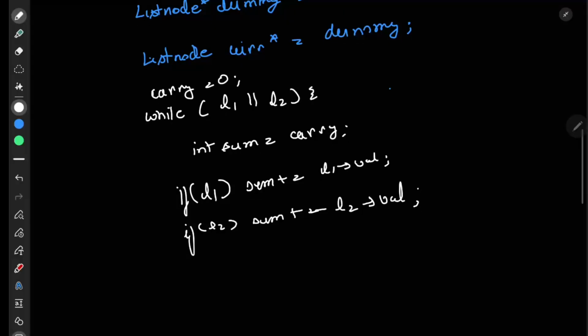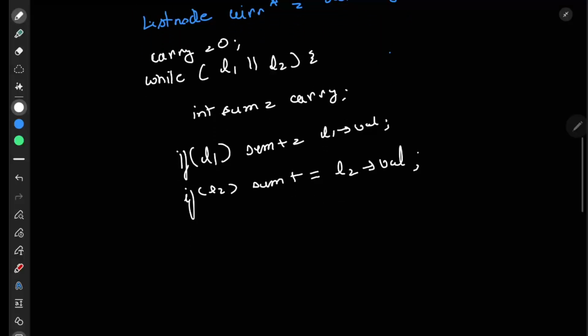So again, after doing that, what we can do is point the current.next to have this new value that we have created, the new sum, right?